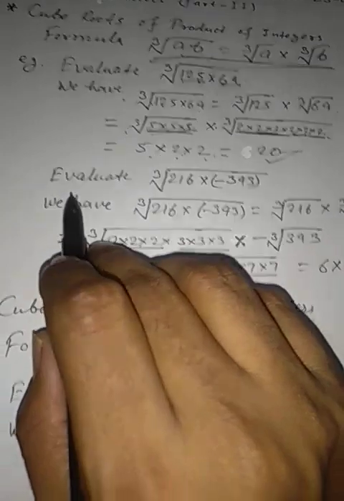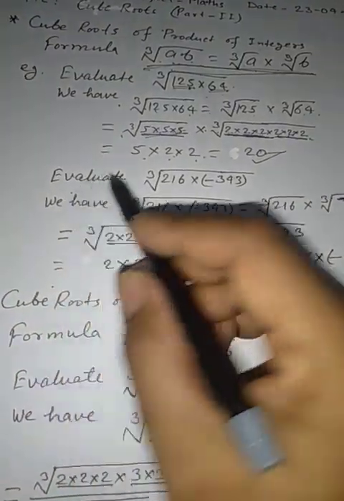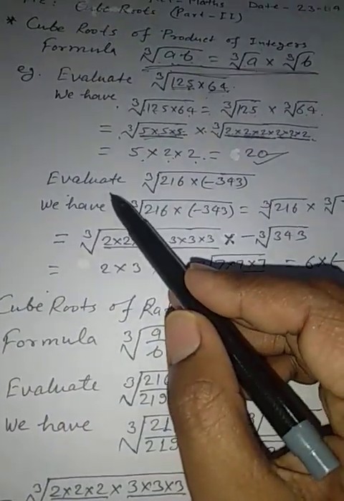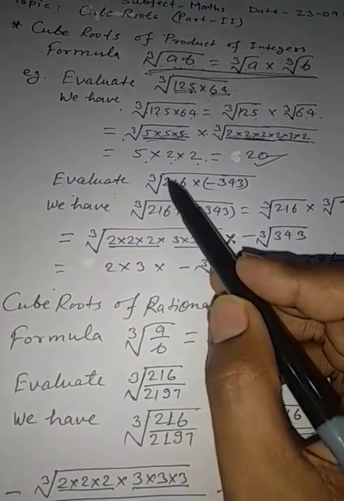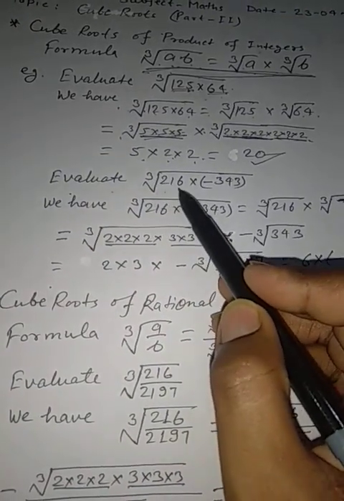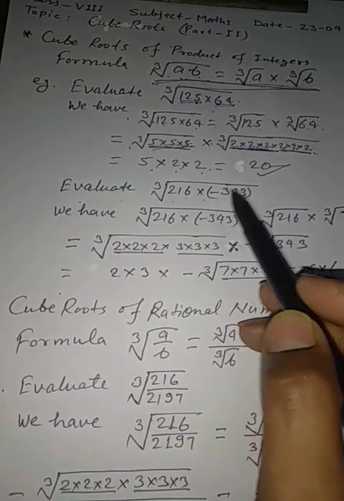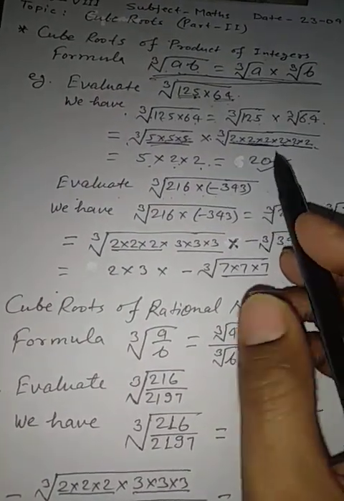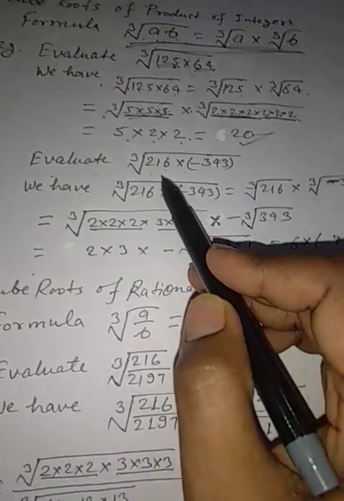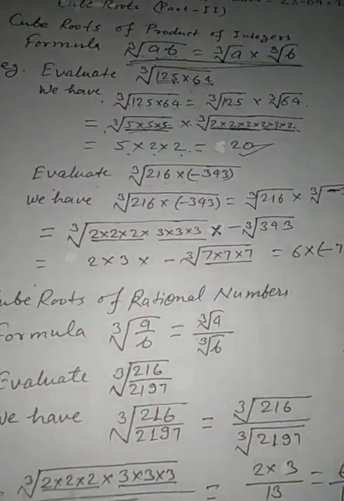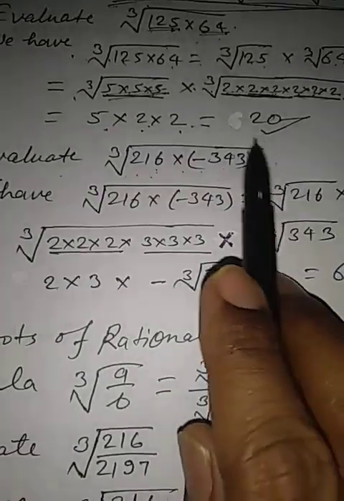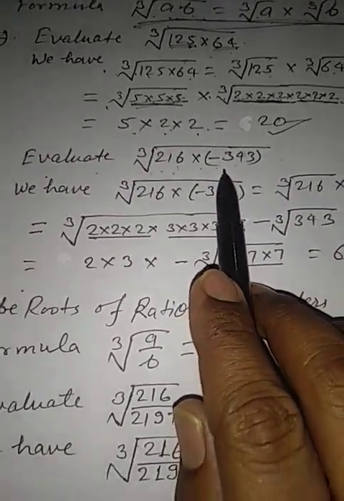Now I am taking another example: evaluate cube root of 216 into minus 343. Here the first integer is a positive integer, whereas the second is a negative integer.